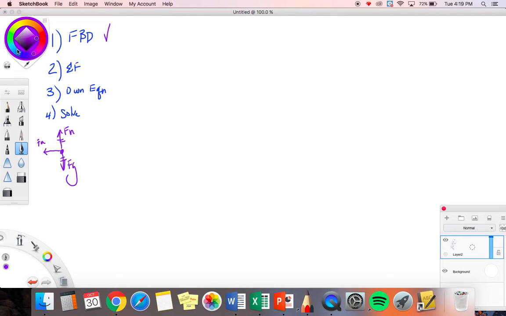Now let's solve for the net force. In order to solve for net force, remember that net force is just the addition of all the forces. So I can say force normal plus force of gravity plus force applied. The problem, though, is that this equation of net force is not correct.